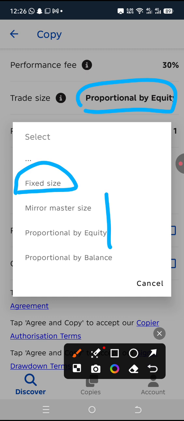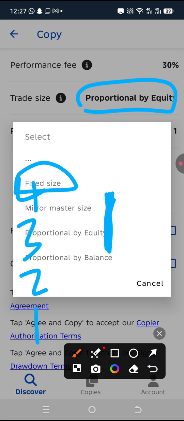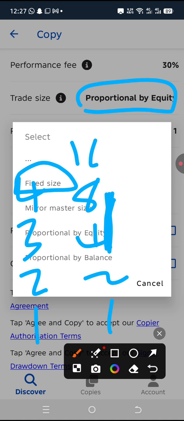Another reason why you must use proportion to equity sometimes is when somebody is trading one pair and that pair is being traded on a Martingale formula or a step formula, whereby probably the person is buying one, then the next buy is two, three, four, and so on, or probably one, two, four, eight, and 16, and so on.